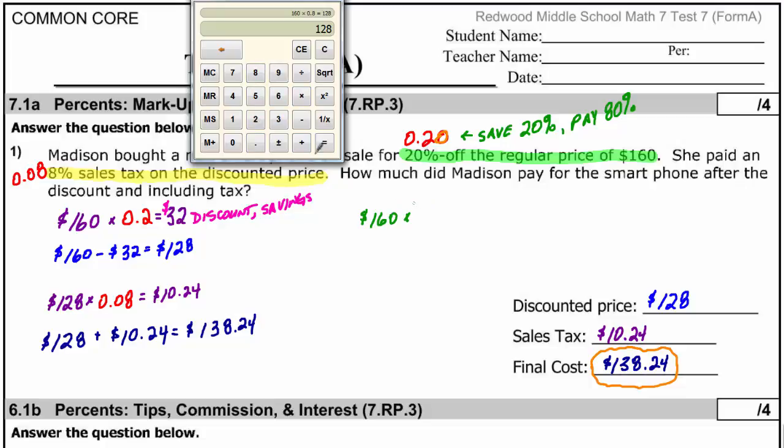And that gives me $128. So if I multiplied by the 0.8, by the amount she paid, not the amount she saved, I would get the 128. And you'll notice that 128 is the same as that 128. Multiplying by what she pays, you get to include both finding the discount and finding the sale price in the same step. All right, let's move on.